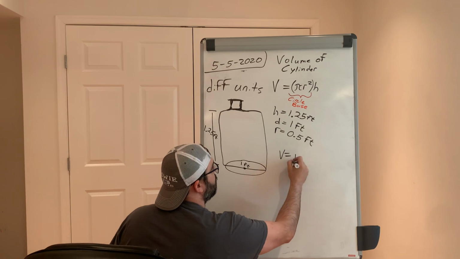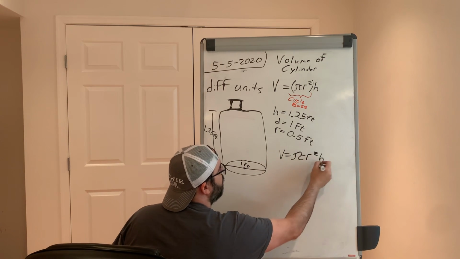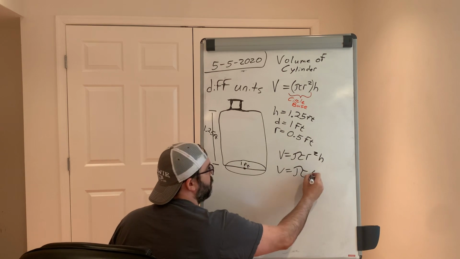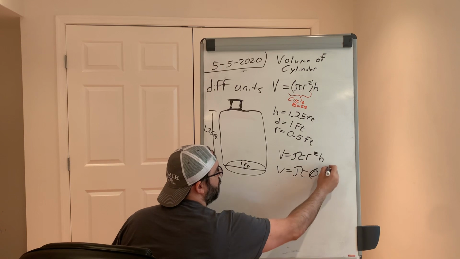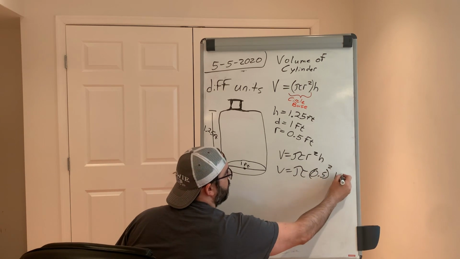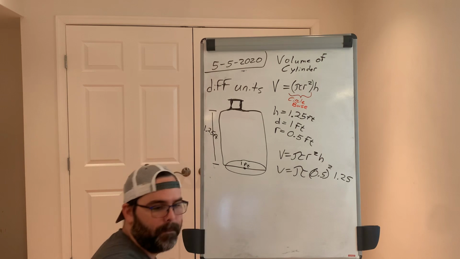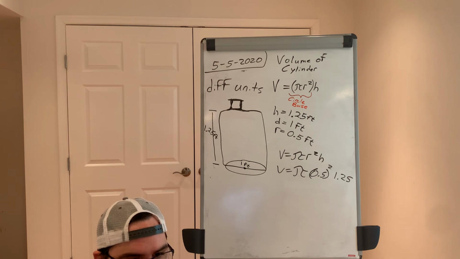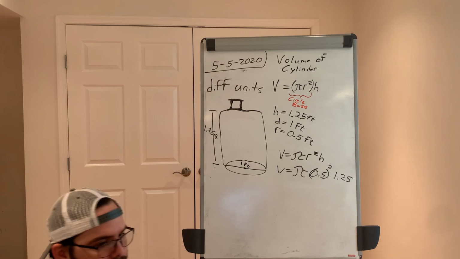So volume equals pi r squared height. Volume equals pi times r, which is 0.5 squared, times the height, which is 1.25. Okay. I'm going to do these calculations off screen. 0.5 squared is 0.25 times 1.25, which is 0.3125.